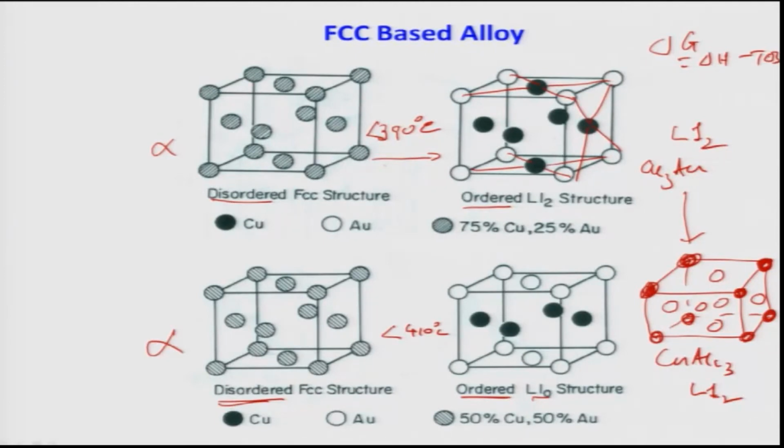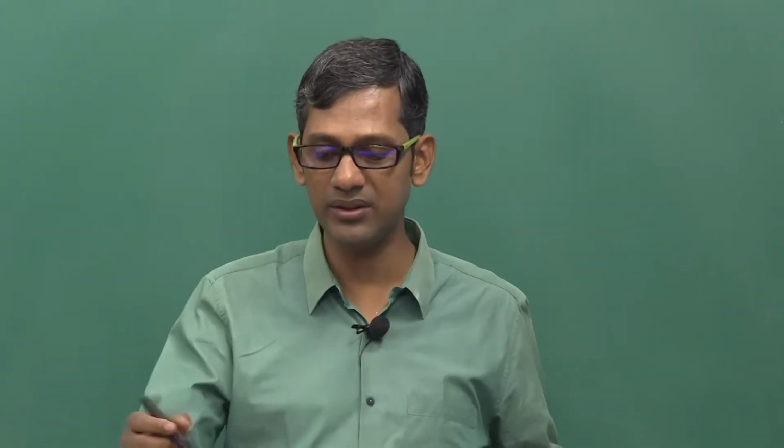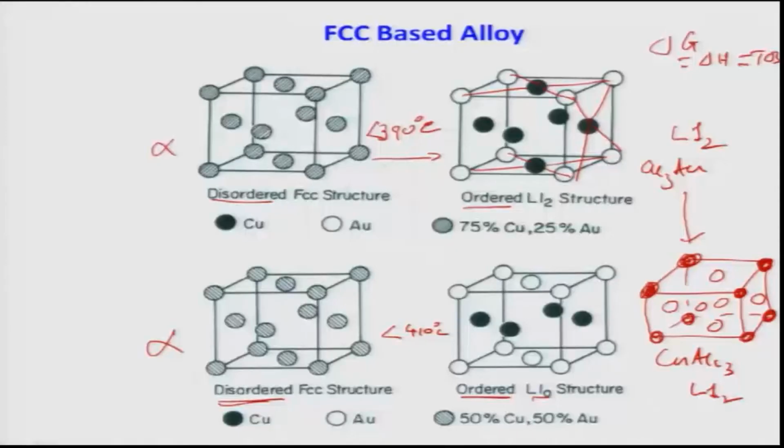Why? Because the permutations and combinations required for arranging the atoms are reduced. So the T delta S term reduces, and since there is a negative sign behind it, delta H decreases because of the preference of the bonds between copper and gold over gold-gold and copper-copper bonds.